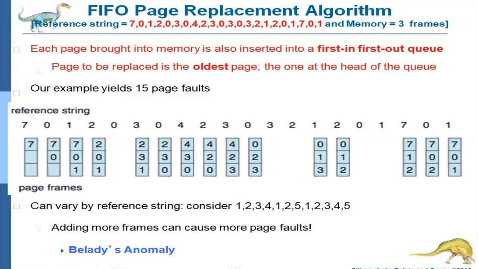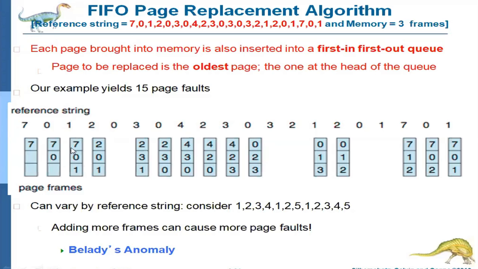And again, the next value, 1, is there or not? Here 1 is not in main memory, so the required page is not there.